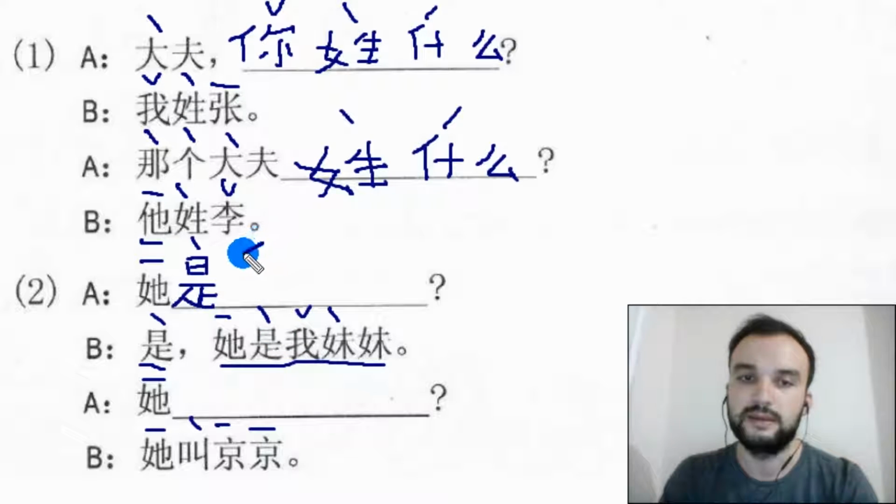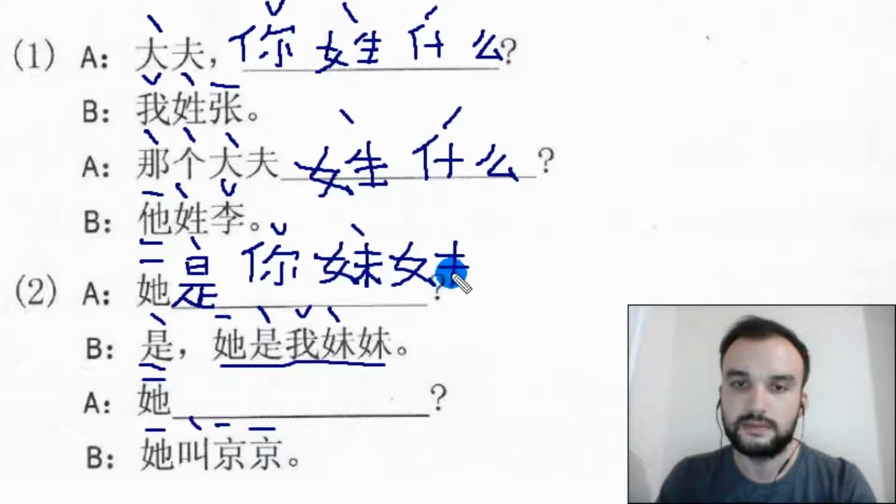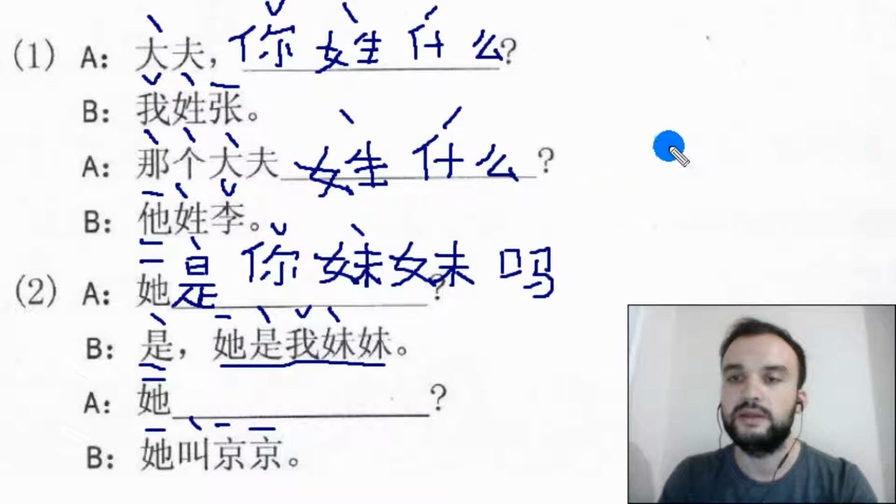So 你妹妹吗? 她是你妹妹吗? 她是你妹妹吗? And here 你 should be half third tone. 你妹妹吗?